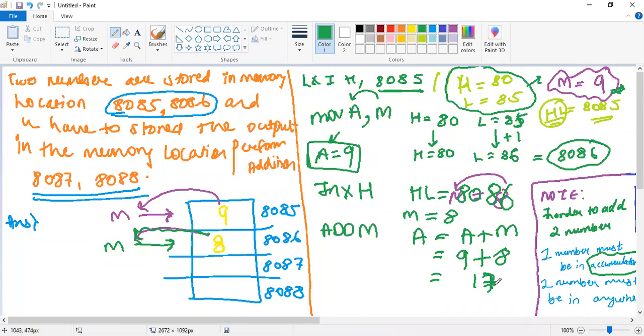But see, in assembly language we use hexadecimal code. So there is nothing like 17. This number will be 10.